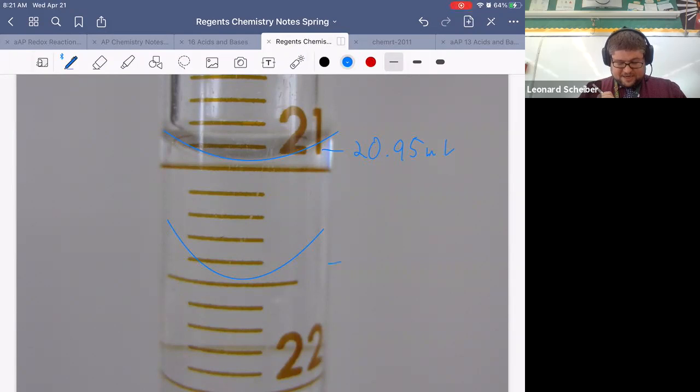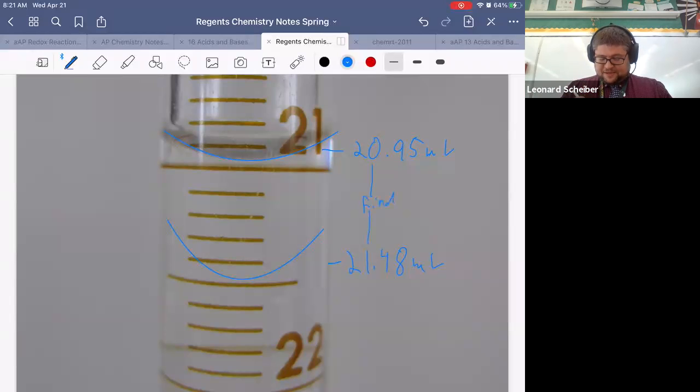And then it's going to end at, there's 0.1, 0.2, 0.3, 0.4, 21.4, I don't know, 8 milliliters. So how much of this substance from the burette did we use? Well, we didn't use 21.48, nor did we use 20.95. We really used the difference.